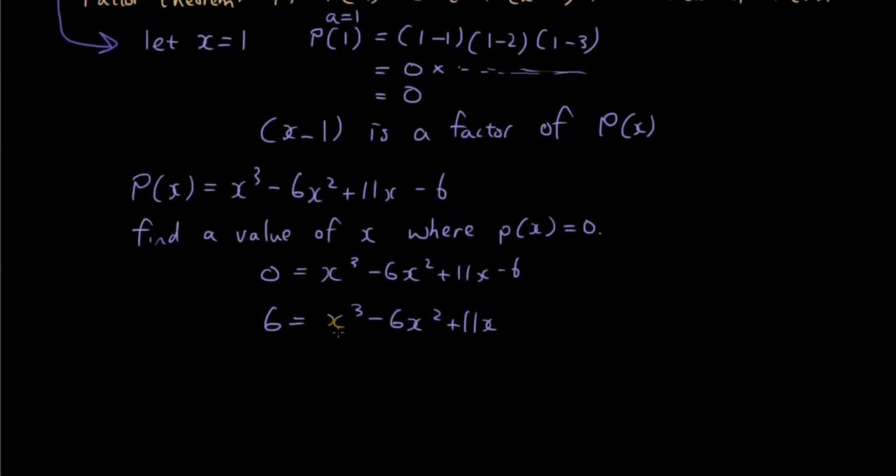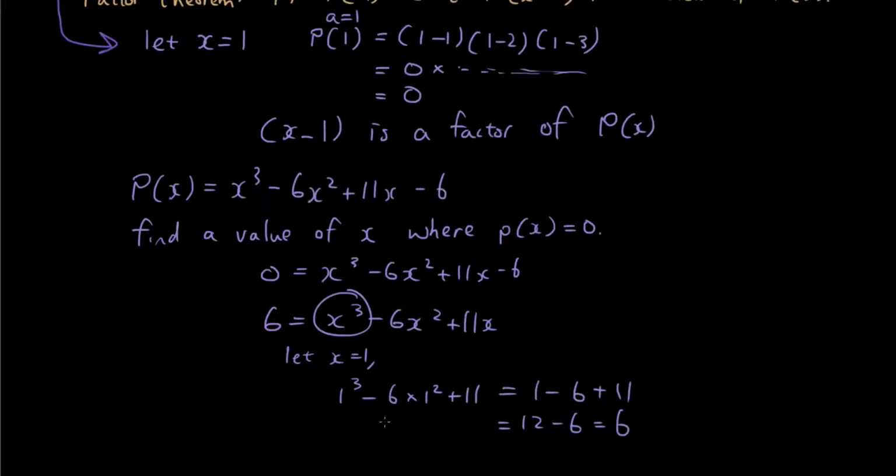Now you're just going to think in your head, what number can I put in here instead of x so that the result is a 6? So naturally you're going to think of putting in the number 1, right? Because let x equals 1. 1 cubed minus 6 times 1 squared plus 11, that will give you 1 minus 6 plus 11, which is 12 minus 6, which is 6.